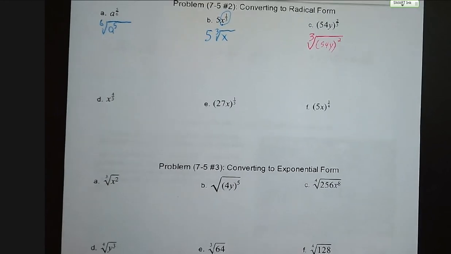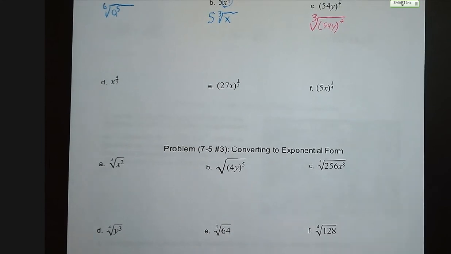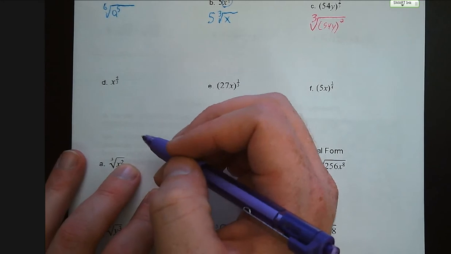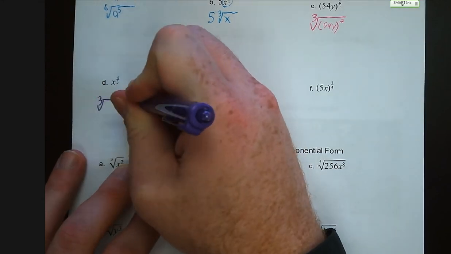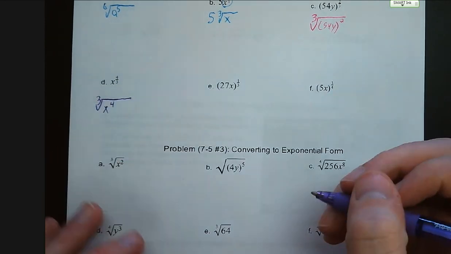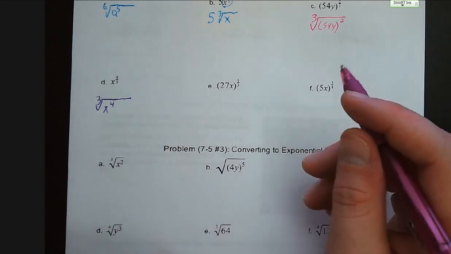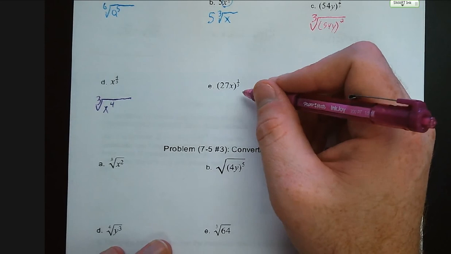Okay. So you guys try letters D, E, and F on your own, and then I'm going to go over them. So letter D, we have x to the 4/3 power. So that's going to be the cubed root of x to the 4th power. We have for letter E, 27x to the 1/3 power.